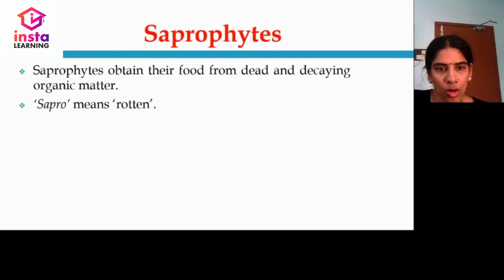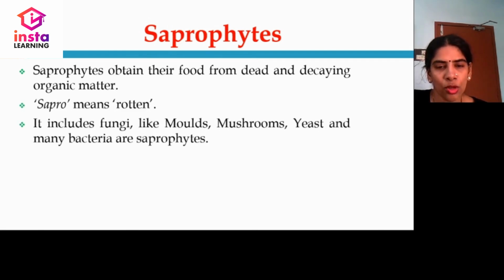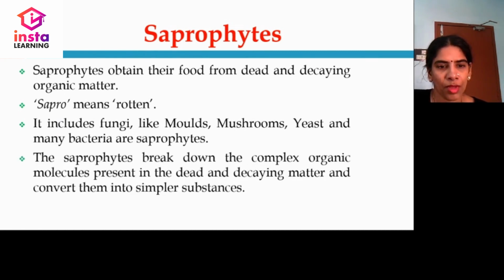Sapro means rotten. It includes fungi and molds like mushrooms, yeast, and many bacteria. Saprophytes break the complex organic molecules present in the dead and decaying matter and convert them into simpler substances.